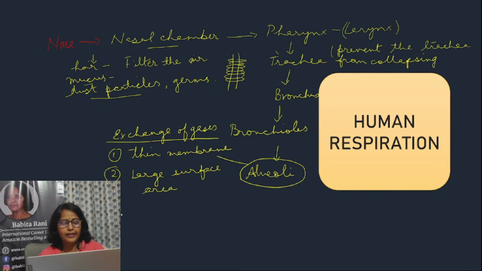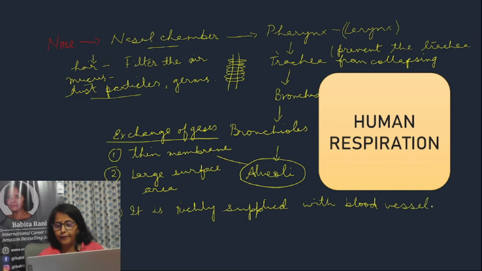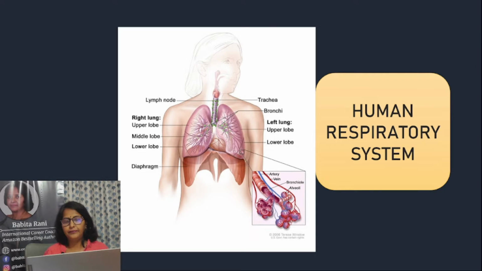And the third one is it should be richly supplied with blood vessels. So this is richly supplied with blood vessels. Why is it richly supplied with blood vessels? Because exchange is taking place between blood and the alveoli. So this is all about the passage of air and where exchange of air takes place.